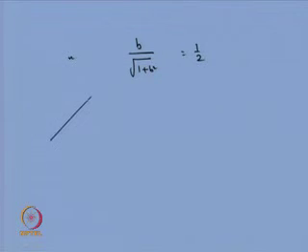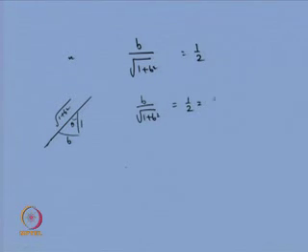So, we are talking about the side slope of the channel, 1 is to b. So, root of 1 plus b squared indicates the hypotenuse of this portion. So, what does this mean? If you denote this angle as theta, you can easily suggest that b by root of 1 plus b squared is equal to half, which is equal to sin theta.